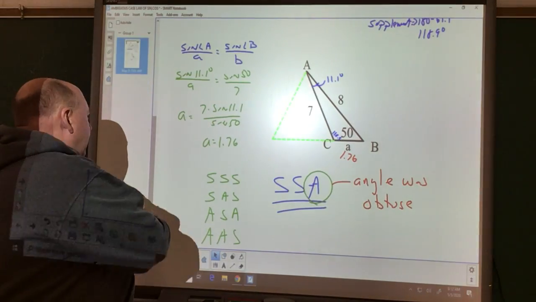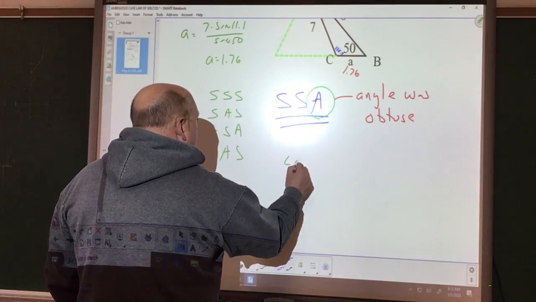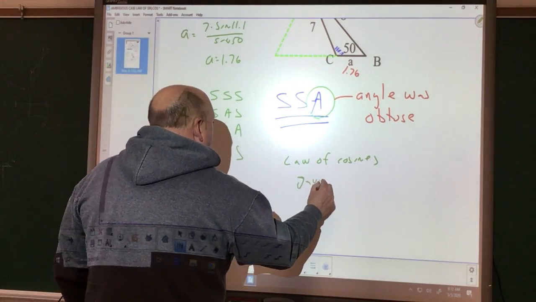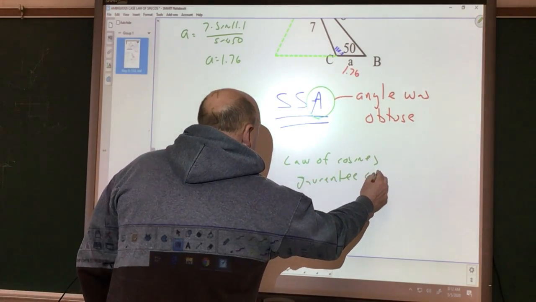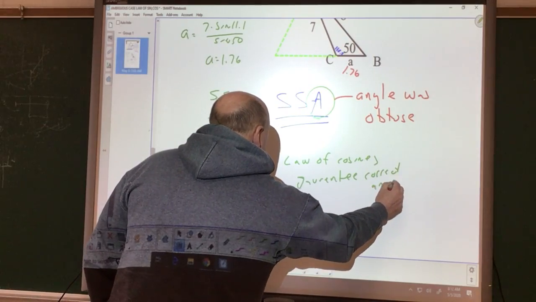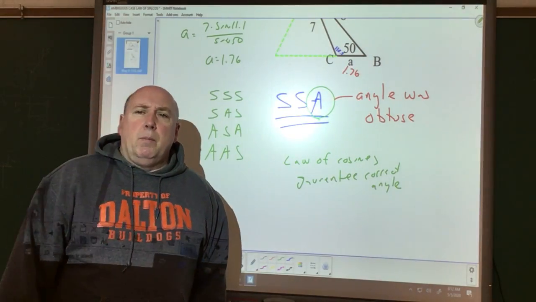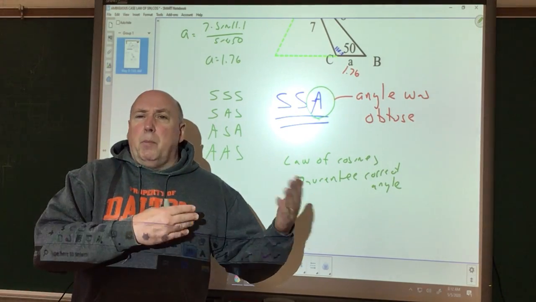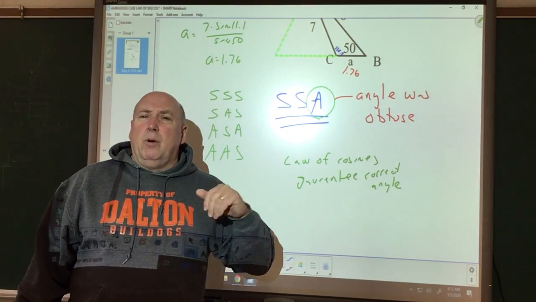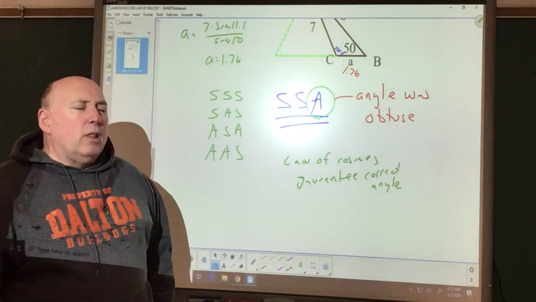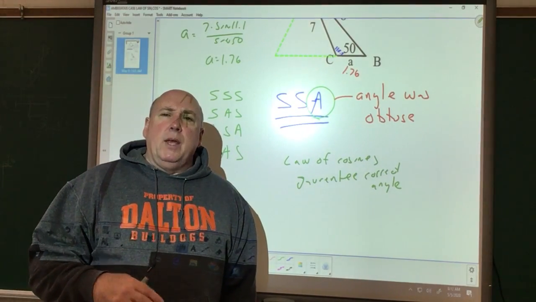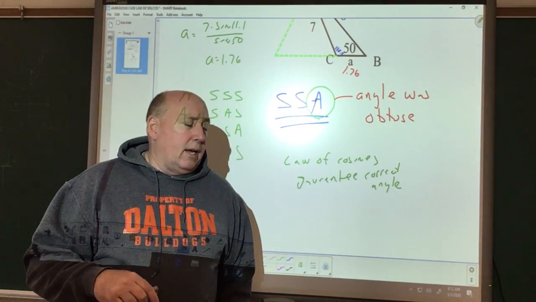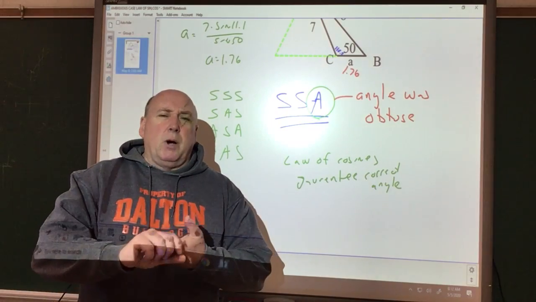Law of cosines will guarantee the correct angle. Because when I do the inverse cosine, I get two solutions, the principal value and its opposite, but putting a negative 30-degree angle in this triangle would not make too much sense. So the law of cosines will always give you the correct angle. It's a couple extra steps. I know the law of sines is a lot easier to work with, but it will always give you the correct angle.